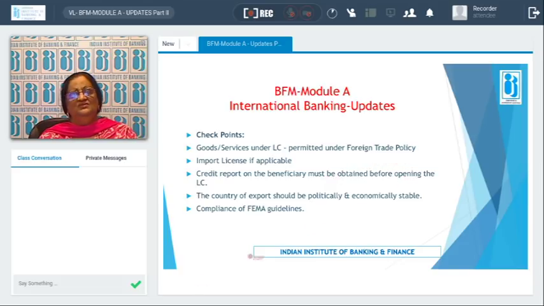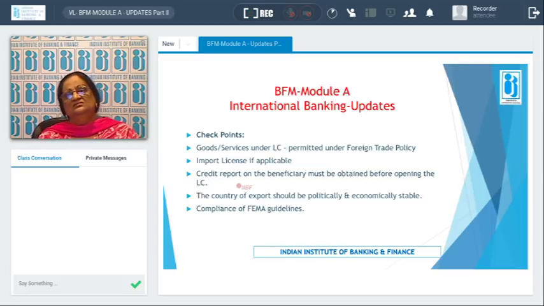Now, according to the foreign trade policies, some goods may be banned, some may be restricted. So, if the goods are restricted, then an import license should be obtained by the importer, which is very necessary. If it is a restricted good, we should ask for an import license from the importer.